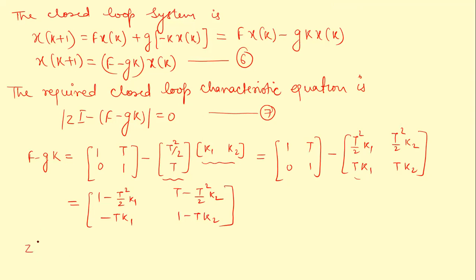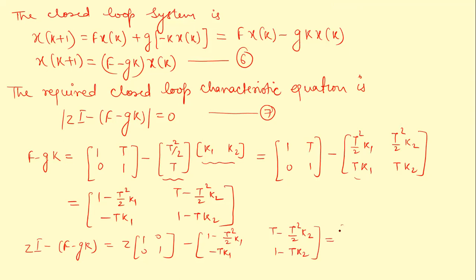So we can find out the zI minus F minus GK matrix now, which is z times [1 0; 0 1] minus the F minus GK matrix, given as [1 minus T squared by 2 K1, T minus T squared by 2 K2; minus T K1, 1 minus T K2].